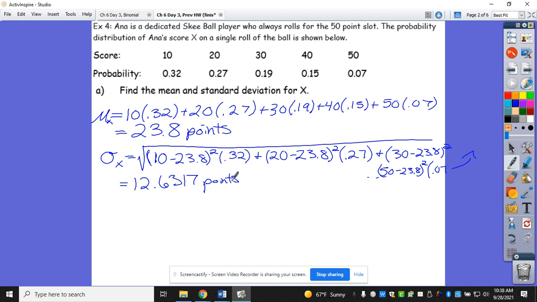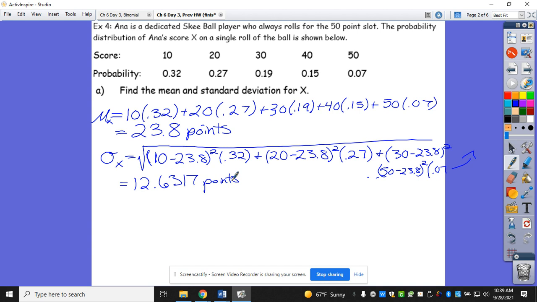And we expect the number of points per roll to vary from the mean of 23.8 points by an average of what word? About 12.6317 points. We go with that because I don't think I went over many of these yesterday with context, how you plug it in.